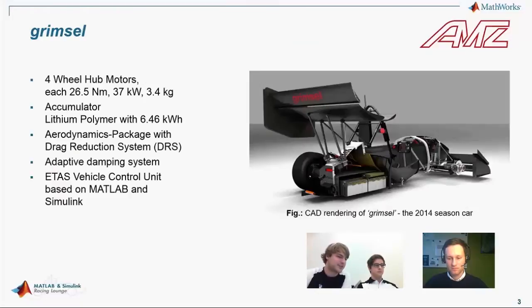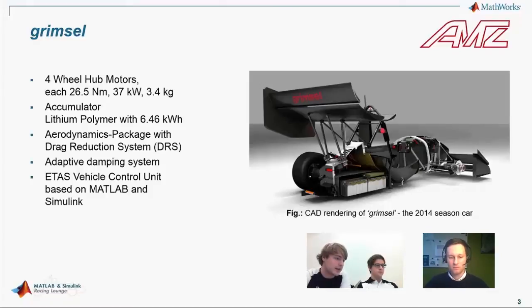So first, a little bit about our last car. Grimsel, our most successful car, had four wheel hub motors, each one providing about 26.5 Newton meters and peaking at 37 kilowatts. This all with a weight of 3.4 kilograms. As accumulator, we used lithium polymer cells with a total energy of 6.46 kilowatt hours, about which we will talk later on.